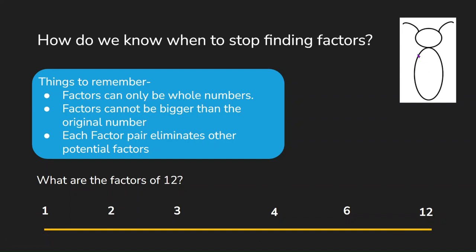If you're doing factor bugs, your legs will start to get closer and closer together. Eventually, you will come to a place like this, where you have 3 and then 4, and there are no whole numbers in between. Or the numbers in between you've tested and they don't work. That's also a way to know. Each factor pair eliminates other potential factors.